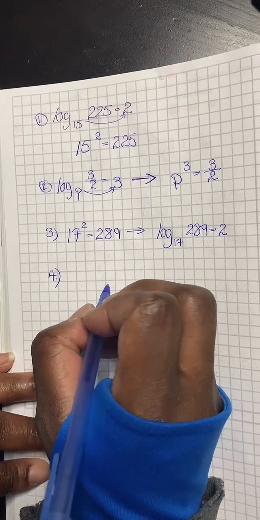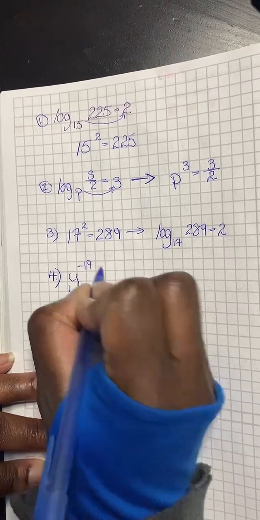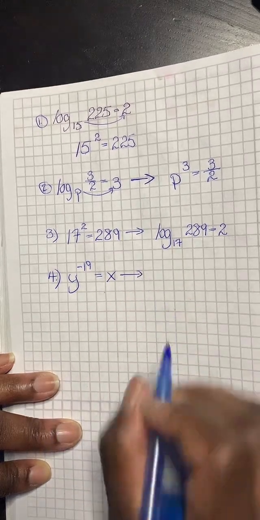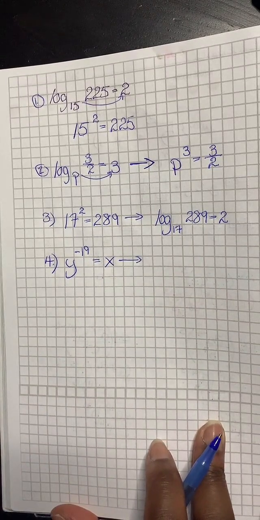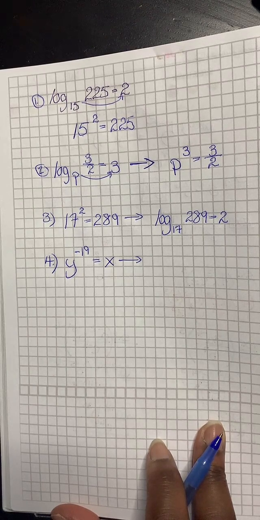So if I had y to the negative 19th equals x, what would that be as a log? Okay, think of the process. Don't worry about the letters. Just think of the process. Hello, everyone. Welcome in.